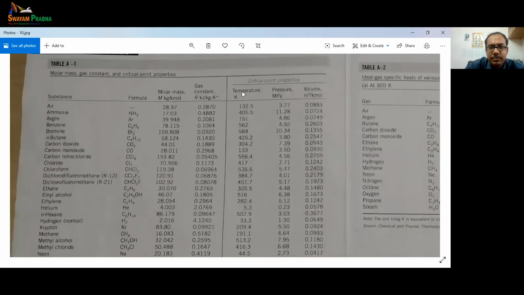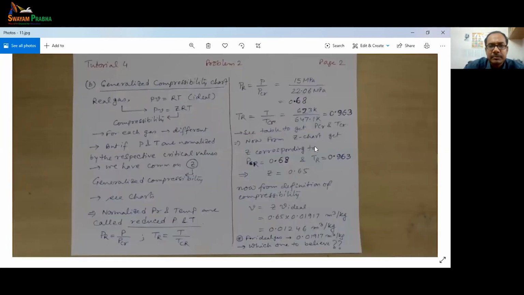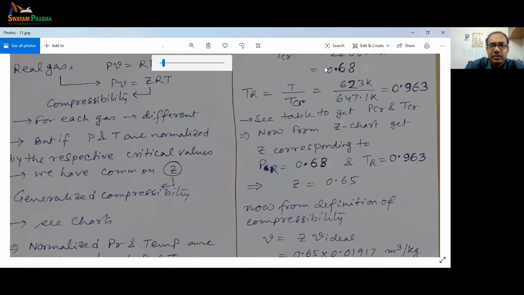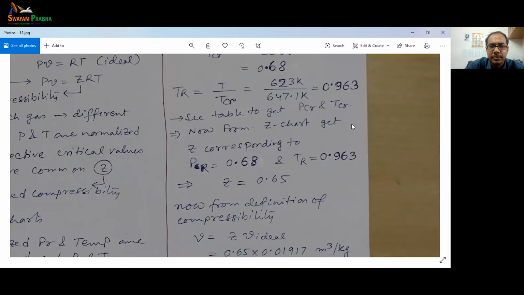So first is the critical point temperature and then pressure. These values we look up from the table and use for normalizing the pressure and temperature values. So these two values, 22.06 and 647.1 Kelvin, we have used to obtain PR and TR, the reduced pressure and temperature.